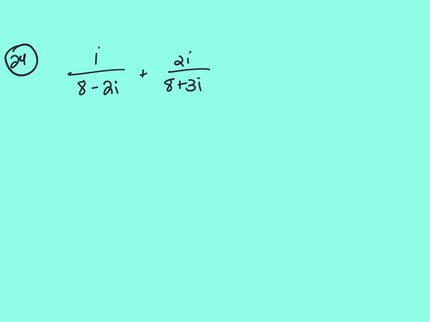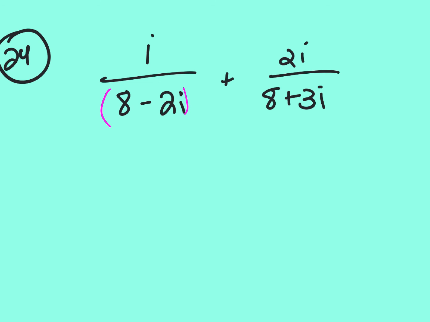All right, this is 24, so the denominators are not alike, right? You have options here. I could either combine them into one by giving them a like denominator, or I can rationalize them separately and then combine them. If you rationalize them separately, you're going to multiply by 8 plus 2i. And that's 8i plus 2i squared.